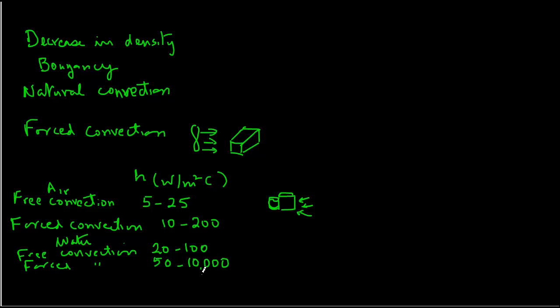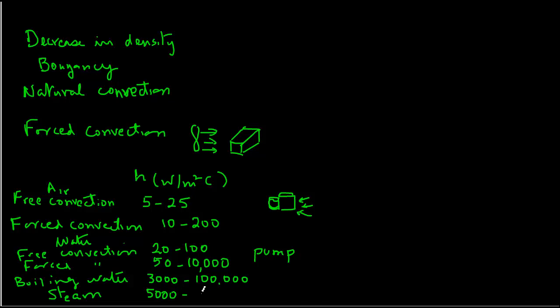In other words, in case of water, anytime you use for example a pump to move that water on a heated surface, you will have a significantly higher rate of heat transfer. And in case of boiling water, the value of H is from 3,000 to 100,000 watts per square meter Celsius. Again, you get very high rates of heat transfer when you are boiling water, for example. In case of steam, the value of H is from 5,000 to 100,000 watts per square meter Celsius.